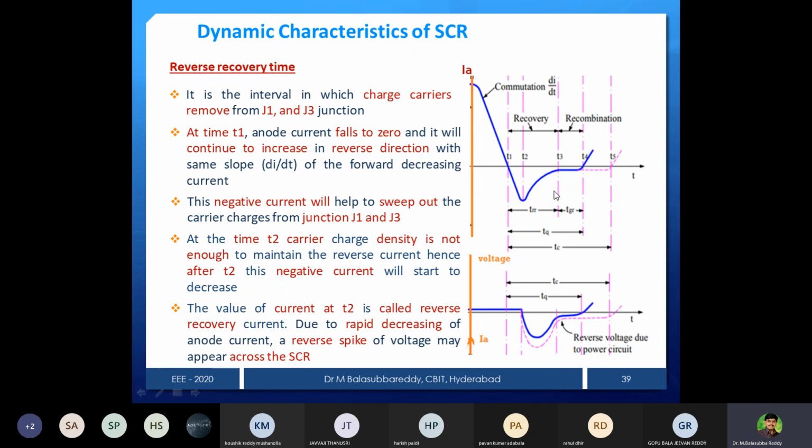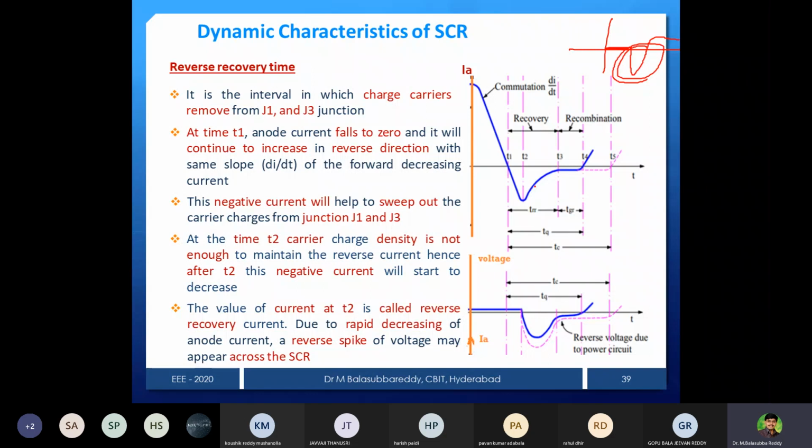Due to the rapid decrease of the anode current, a reverse spike of voltage may appear across the SCR. This spike happens while it is turning off. During the on state, a very small voltage drop is present across the device, and now a spike is obtained.